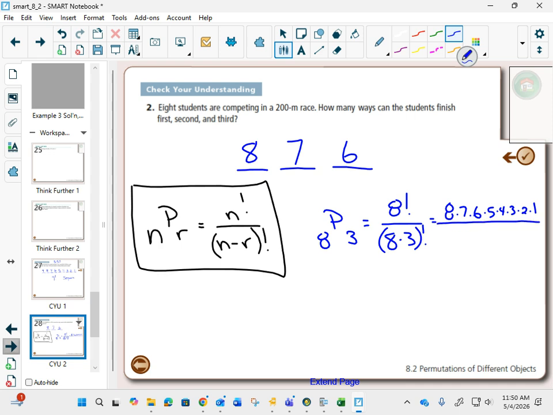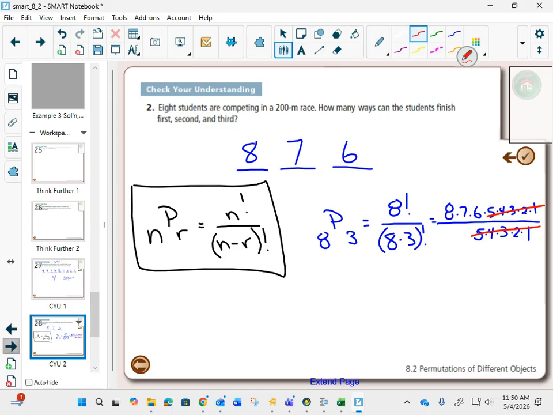And 5 factorial means 5 times 4 times 3 times 2 times 1. And can you see that if you simplify, that whole thing would go away, and we're just left with the 8, the 7, and the 6.